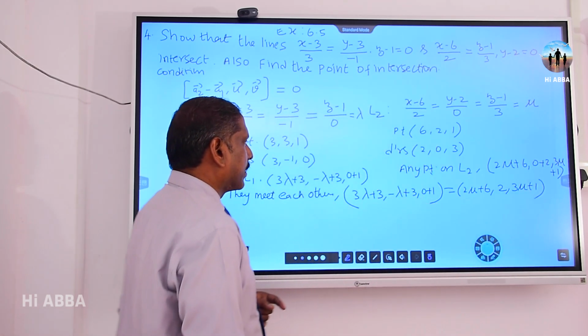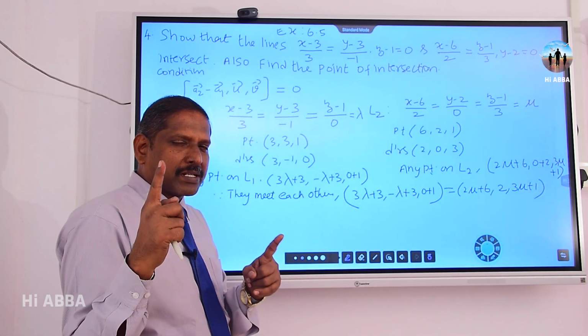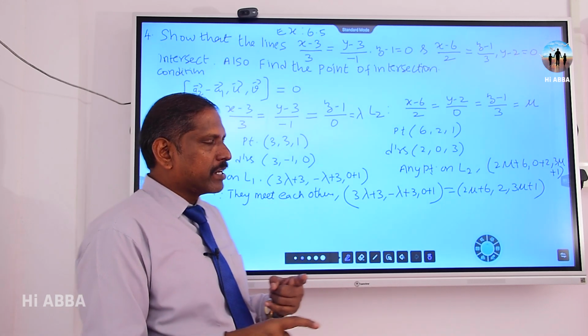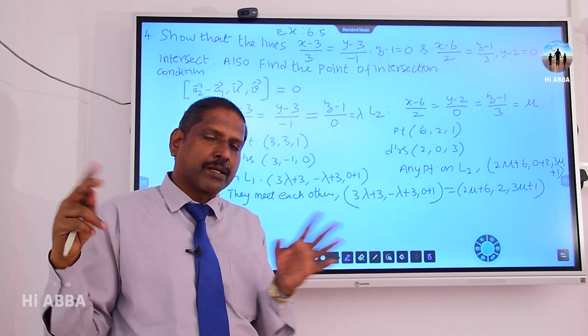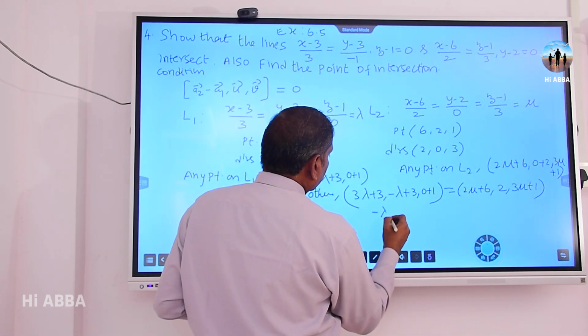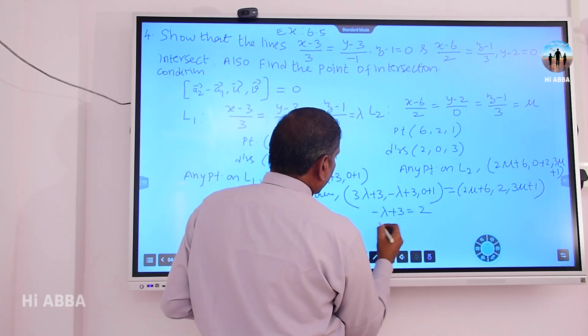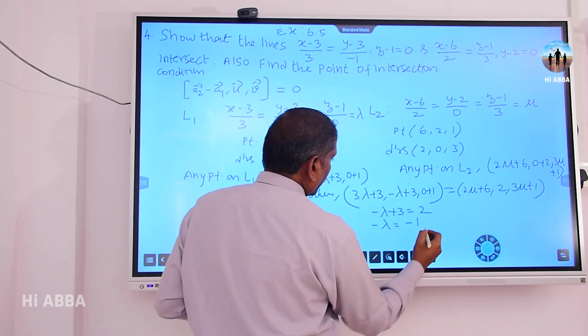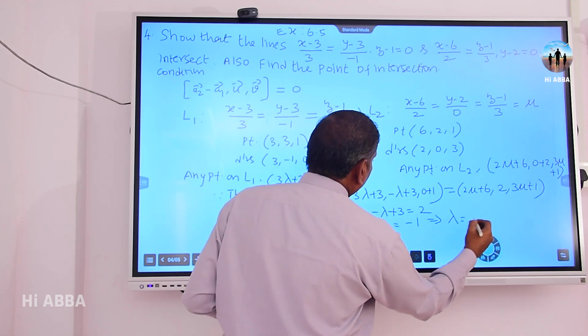By the way, you can find out one parameter. It is enough to find one parameter. You need not go with 2 parameters like lambda and mu. Equate the middle value, minus lambda plus 3 is equal to 2. You get minus lambda is equal to minus 1, which implies lambda value is 1.